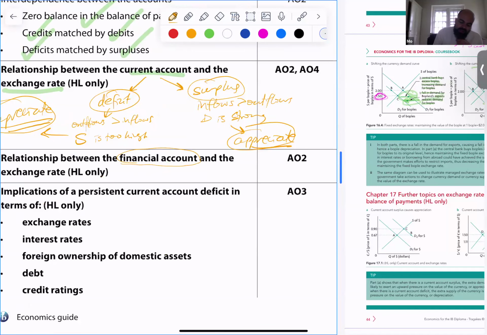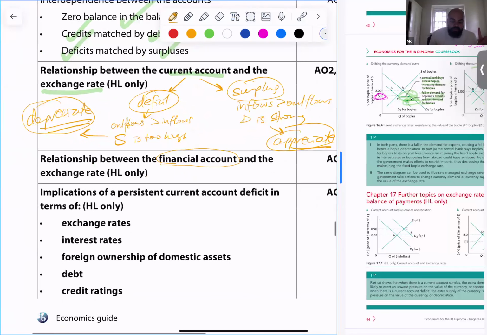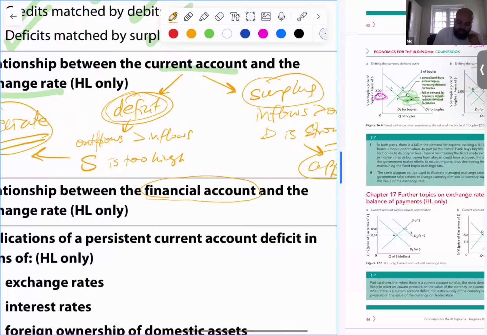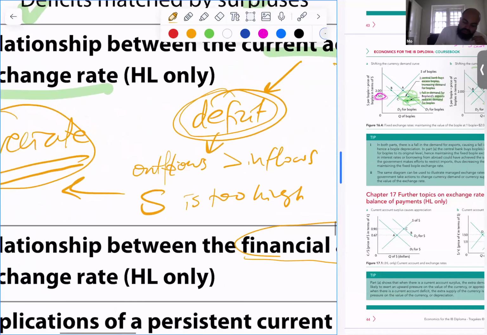Unless, again, the financial account. So if there's a deficit in the current account, the currency will depreciate if the country is not an attractive investment destination.